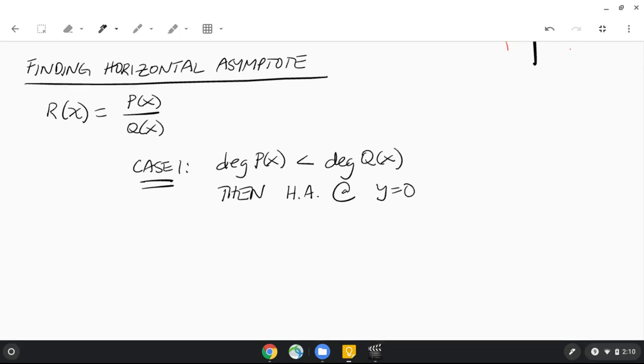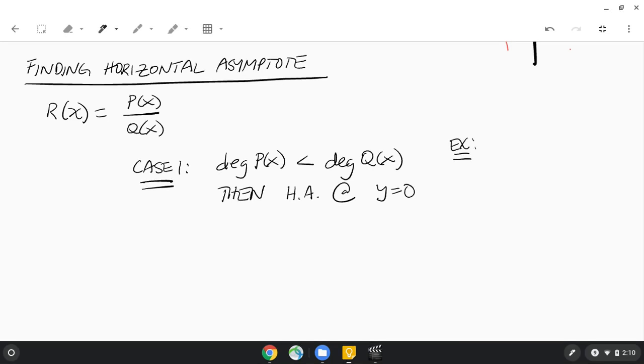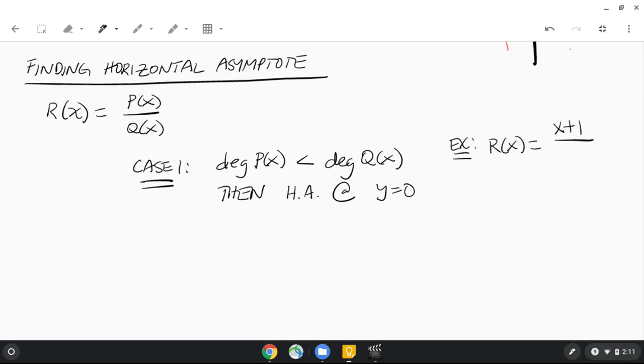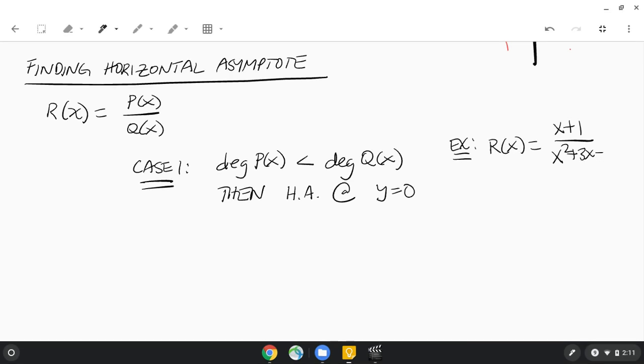Okay, so let me do an example over here. So suppose that your r of x is x plus 1 over x squared plus 3x plus 2. Let's do plus 2 here.